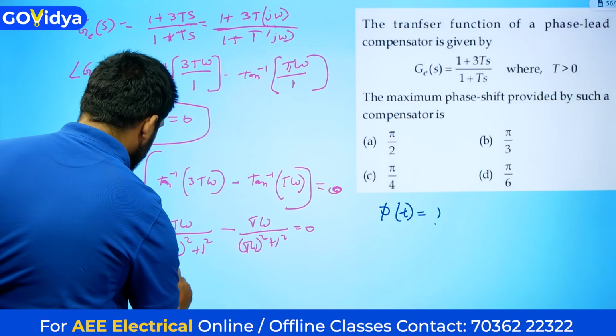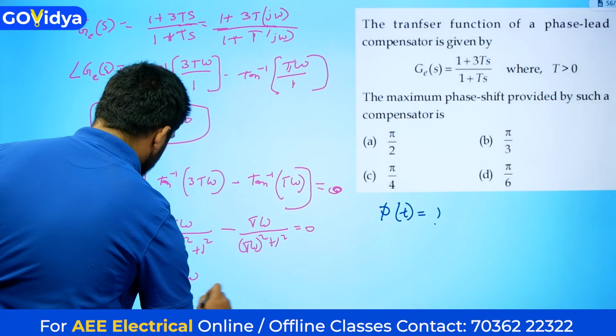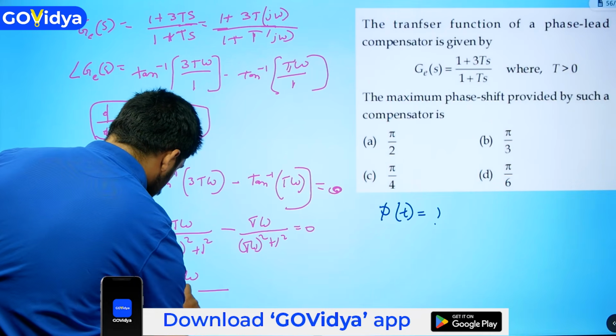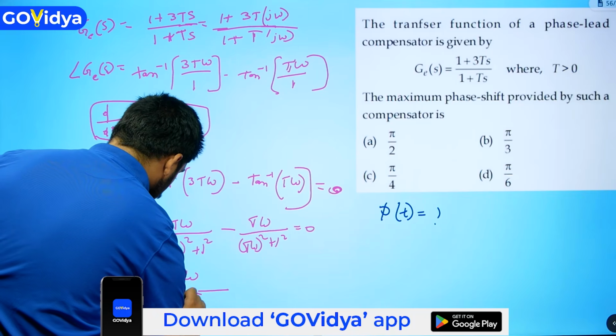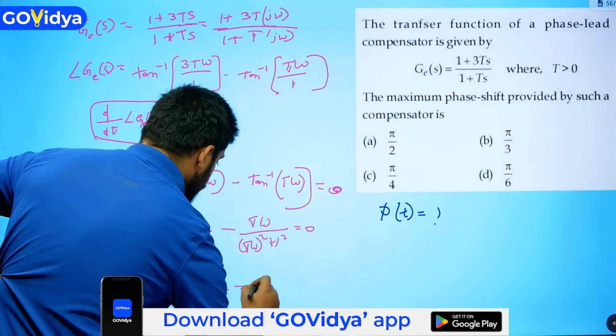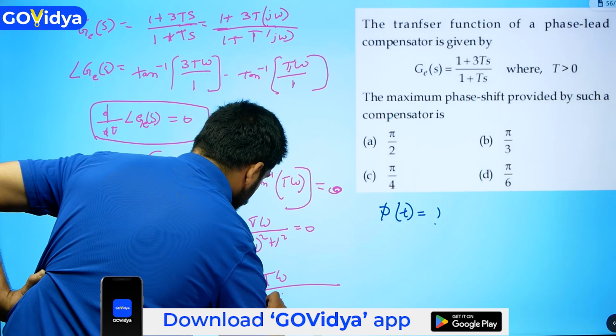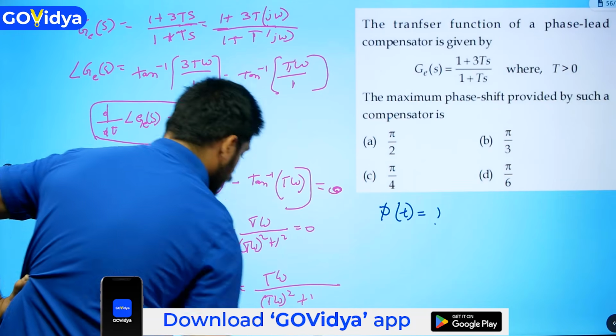Sending this to that side, 3t omega by (3t omega) whole square plus 1 is equal to t omega by (t omega) whole square plus 1.